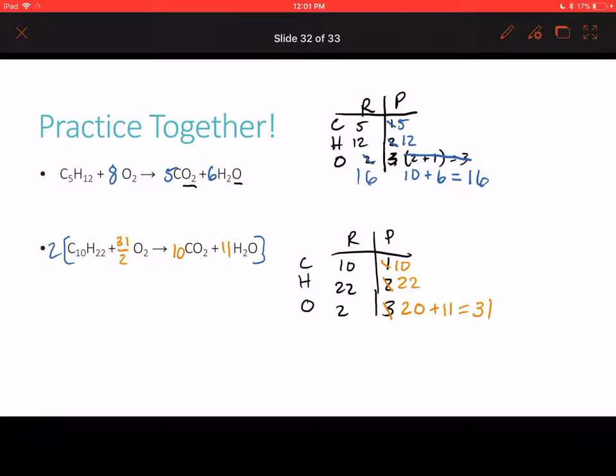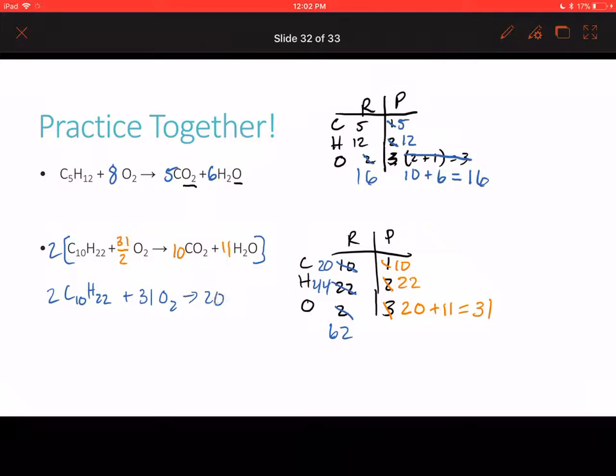So now I'm going to have 2 C10H22. So now I have 20 carbons and 44 hydrogens. I'm going to have 31 O2s. 31 times 2 is 62.